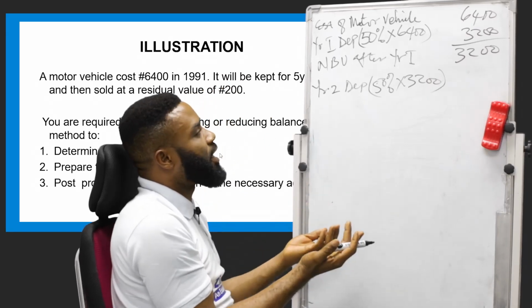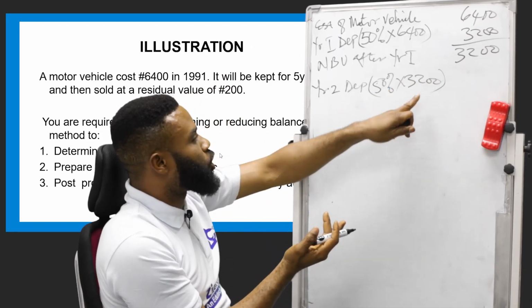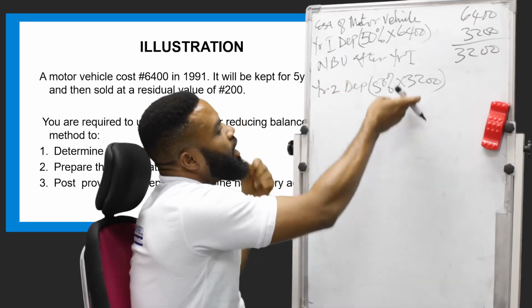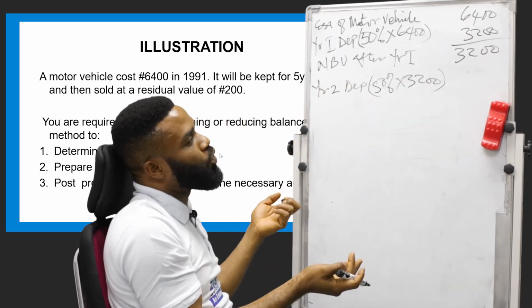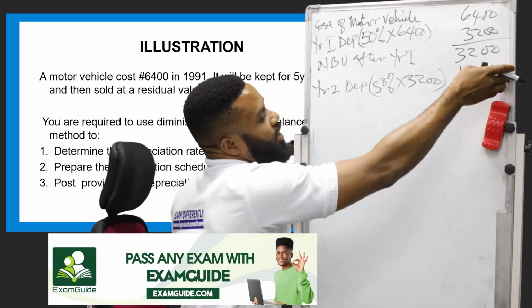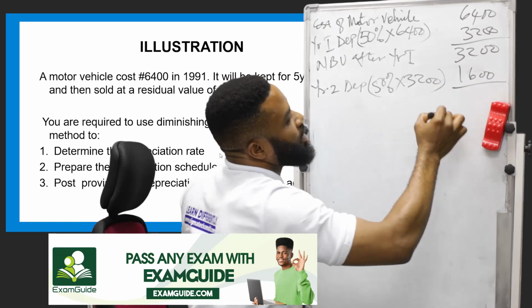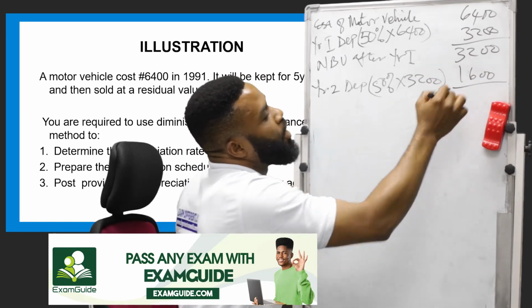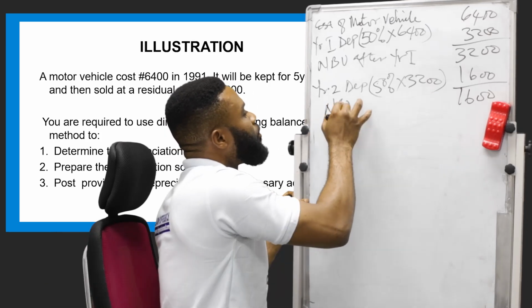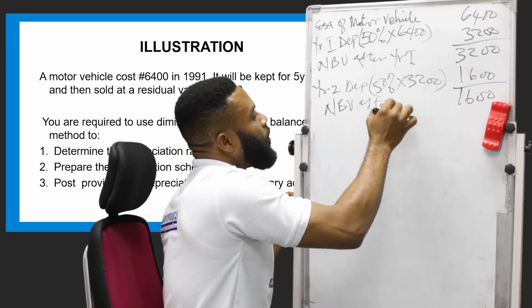Now, by simple mathematics, 50% of this is just to divide this by 2. So even if you don't follow the normal calculation, 3,200 divided by 2, it will give you 1,600. So when you subtract 1,600 from here, you'll be left with what? 1,600. This will be your net book value after what?